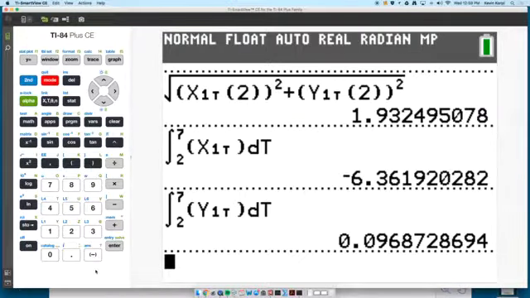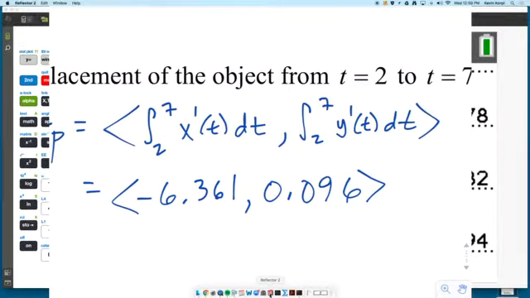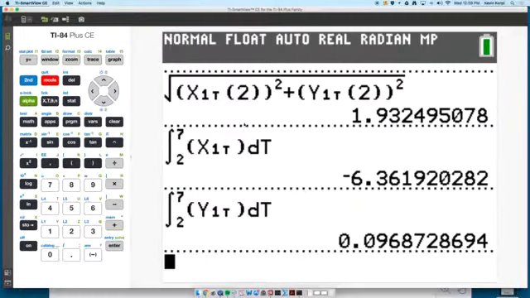What's that? Why is it the integral of the derivative? It is the integral of the derivative, right? If you look at what I wrote down on my paper, it's the integral of x prime, right? We're integrating the horizontal velocity. But why did I use x on my calculator? Right. I typed into x1 my derivative function.